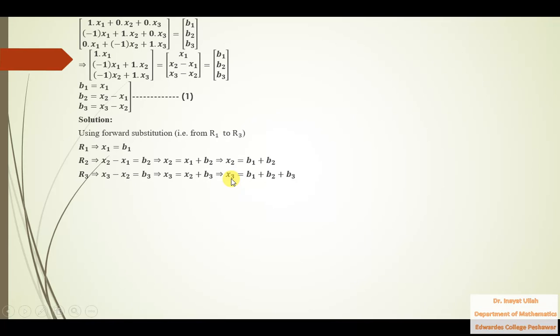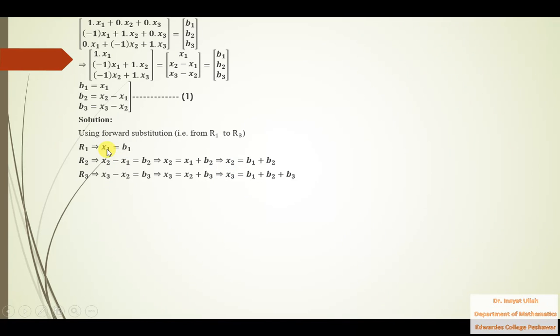Similarly, from the third row x3 minus x2 is b3. Now transferring this x2 towards the right hand side, x3 is equal to x2 plus b3, but from the previous equation we see that x2 is b1 plus b2, so replacing x2 by b1 plus b2 along with b3, that is the value of x3.